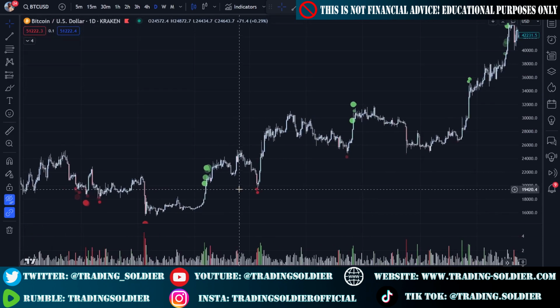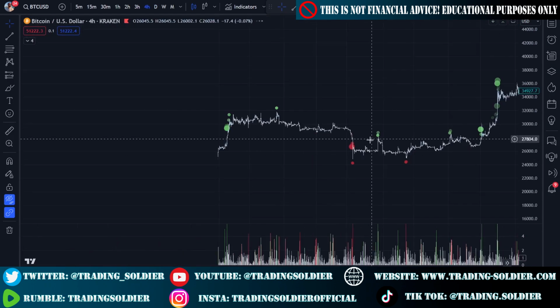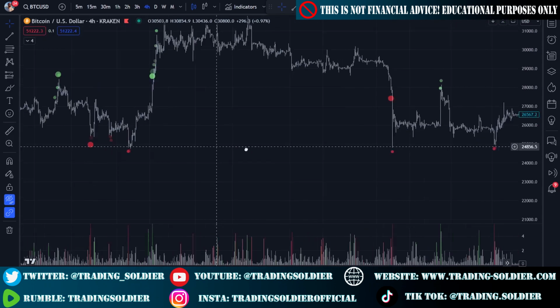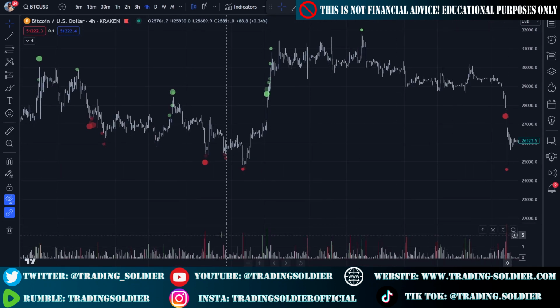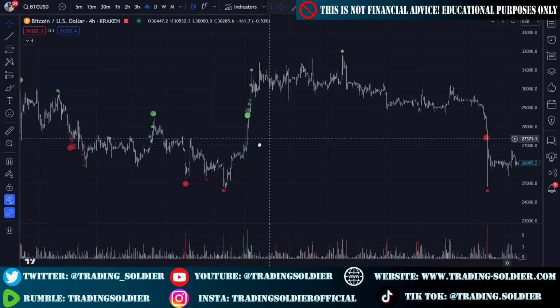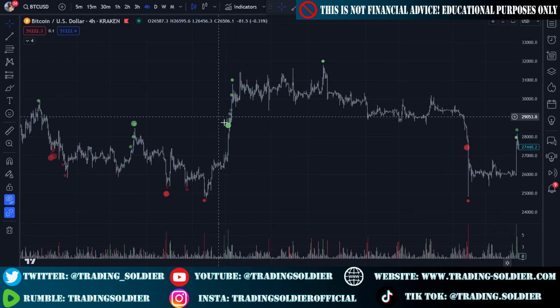If you want to search for confirmation, you need to switch between time frames. For example, here you can see that we have red volume in the relative volume followed by red bubbles. So here we want to buy the asset, and we will hold it until we see green volume and green bubbles.